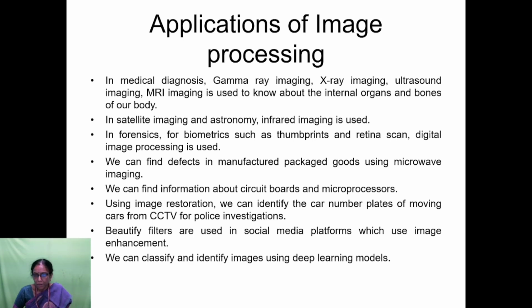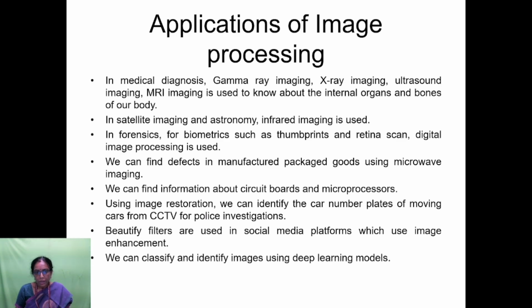Various frequency spectrums are available, so microwave, X-ray or terahertz imaging can all be used for different applications in different frequency domains. We can find information about circuit boards and microprocessors for fault detection, testing and diagnosis.